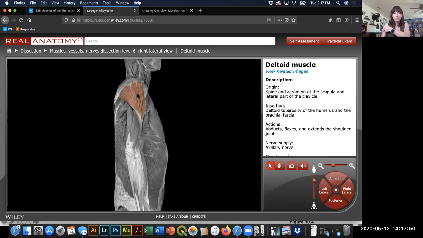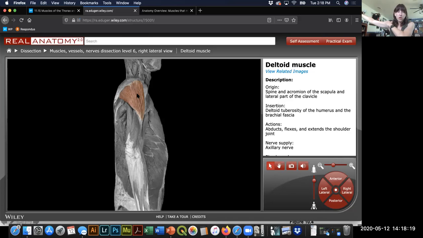So it is the prime mover of abduction, and it is the antagonist for other muscles, namely your pectoralis major, that adducts your arm back. Remember we talked about prime movers versus antagonists last Thursday, and how prime movers are the ones that are contracting to cause a certain motion, and the other muscles around it are considered the antagonist, and they have to relax in order for that to happen.